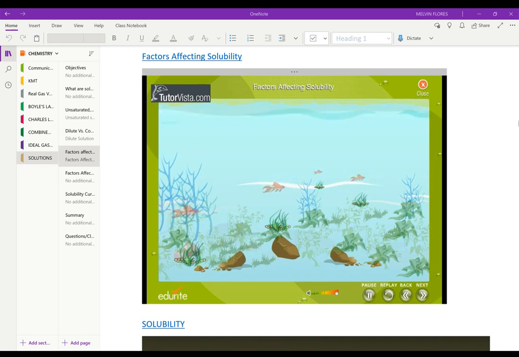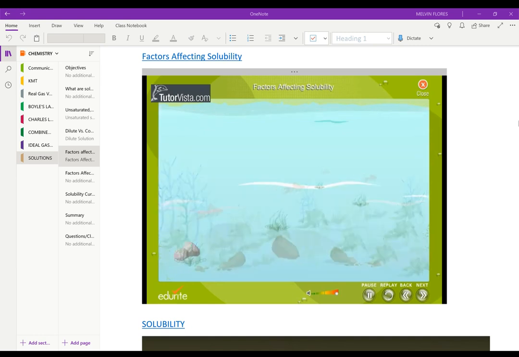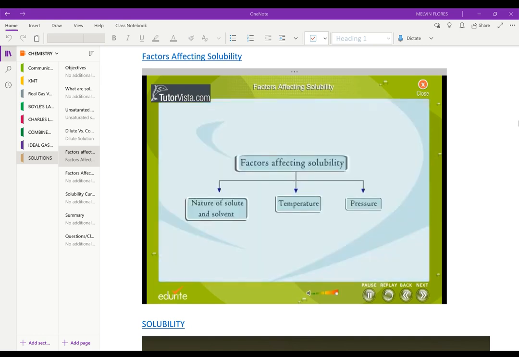So, the extent of dissolution or solubility is an important factor for life. Solubility is the measure of the maximum amount of solute that can dissolve in a given amount of solvent at a given temperature or pressure. Factors that have an effect on solubility are the nature of the solute and solvent, temperature, and pressure.